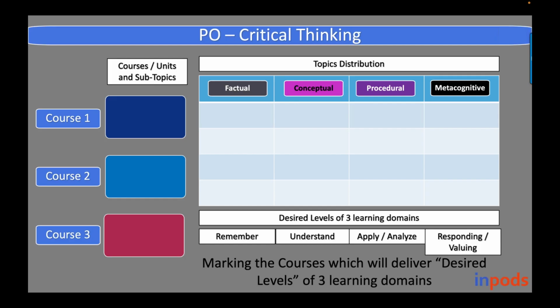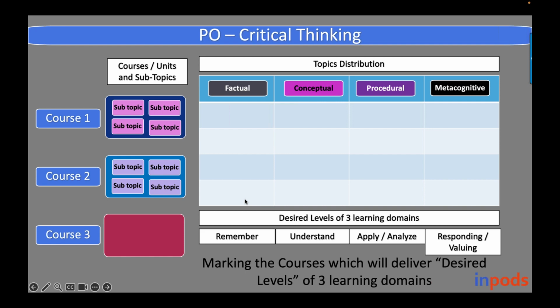So let's say course 1, course 2 we have already identified earlier. Course 3 could be, or you can say various courses, which are indirectly contributing to the knowledge, critical thinking PO. So these courses have many subtopics, right? So there are subtopics here.